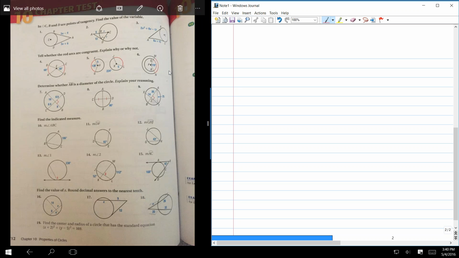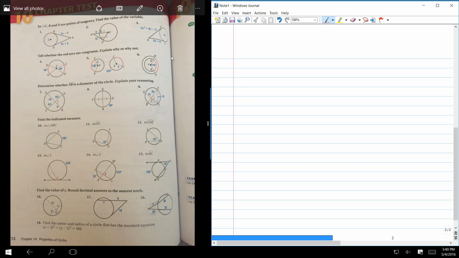Yes. Well, they're certainly both 119 degrees, aren't they? Does that make them congruent? I think so. Yeah. Unfortunately, the book has the answers to just the odd ones, right? Yes. Okay.